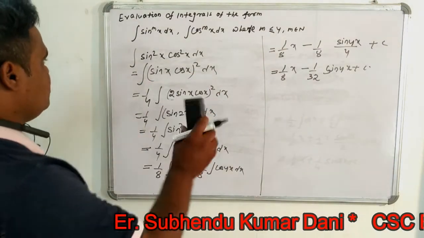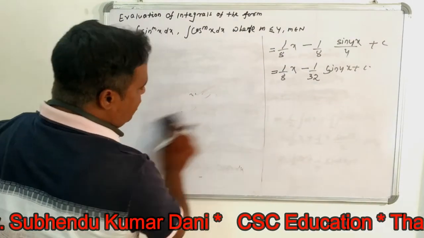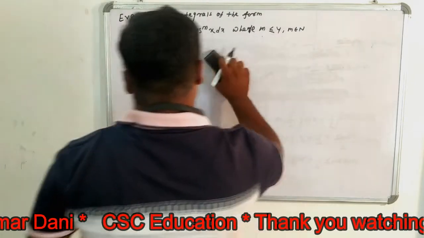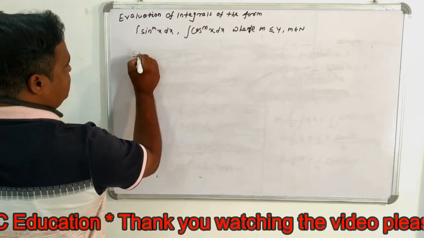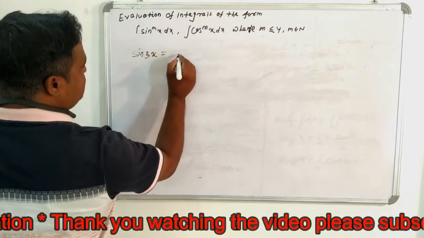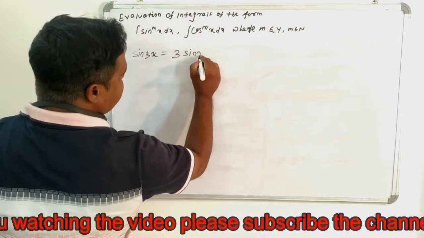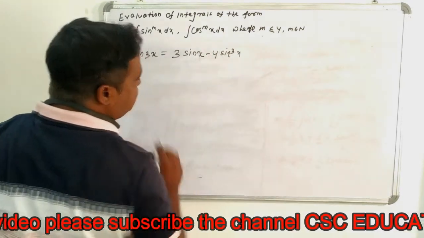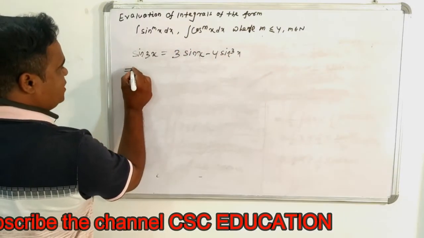Okay. Another form: I have done some sin 3x form, sin cos 3x form. First, we know that the formula of sin 3x equals 3 sin x minus 4 sin cube of x. In the given question, suppose the power is cube, so it is converted to this form.